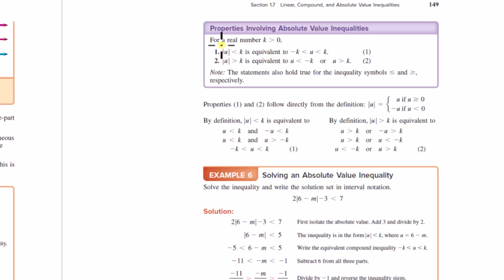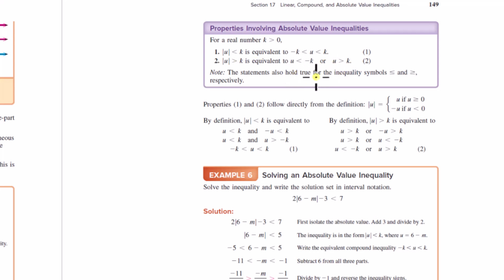And so with that logic in mind, we can come to here, the properties involving absolute value inequalities. So if you have a real number k that's greater than 0, so a positive real number, if you have the absolute value of u is less than k, then you solve this compound inequality. This is an and compound inequality, right? If you have the absolute value of u, and this u is an expression, it could have variables, is greater than k, then that's this or inequality.